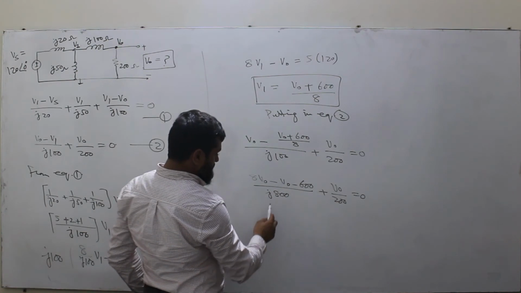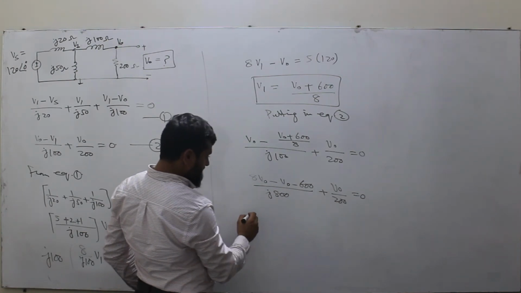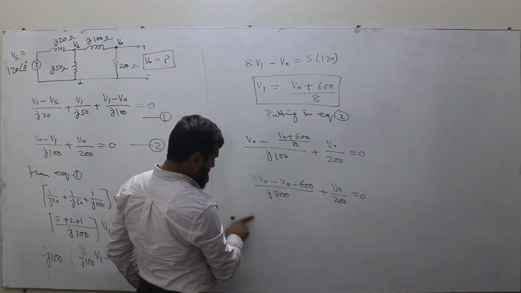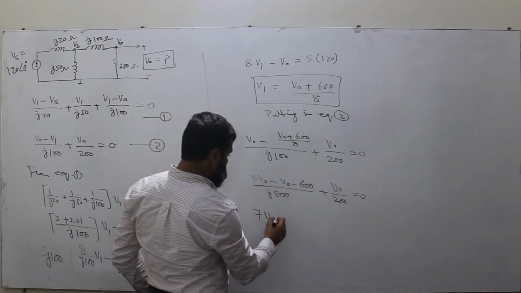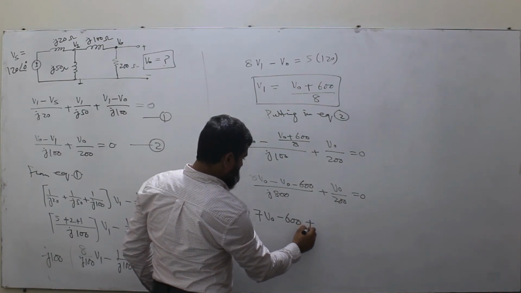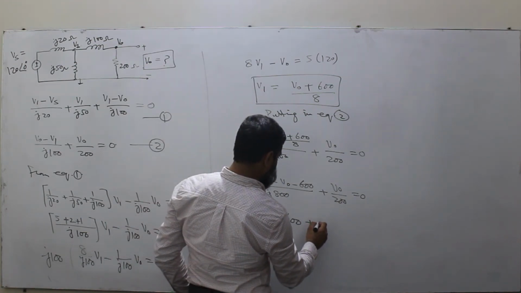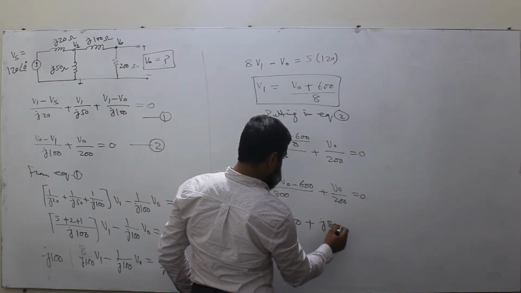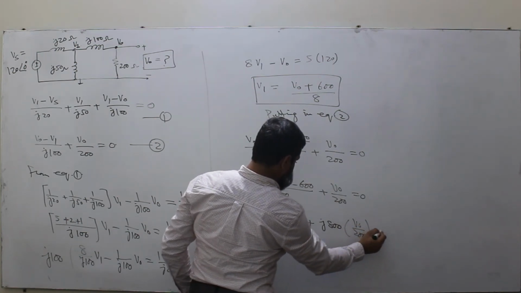You can multiply the whole equation by j800, which will give us 8 minus 1 is 7 V0 minus 600 plus j into 800 into V0 over 200 is equal to 0.